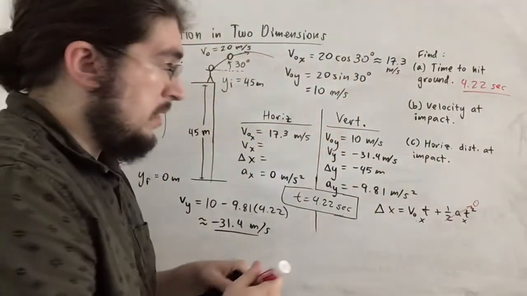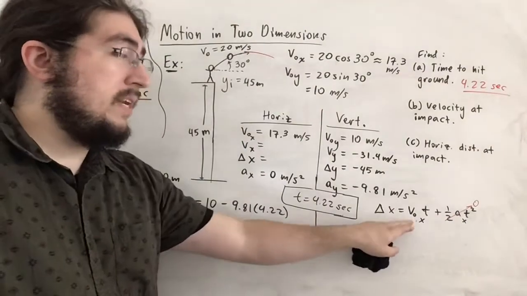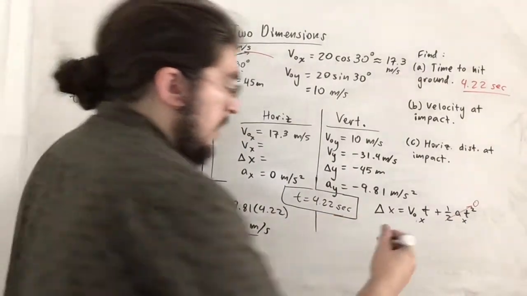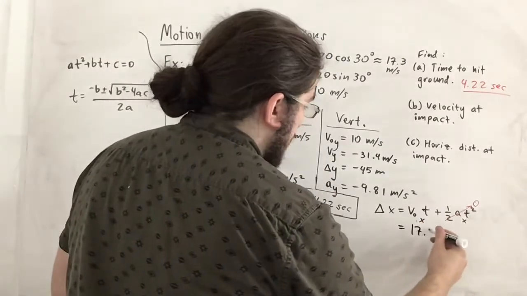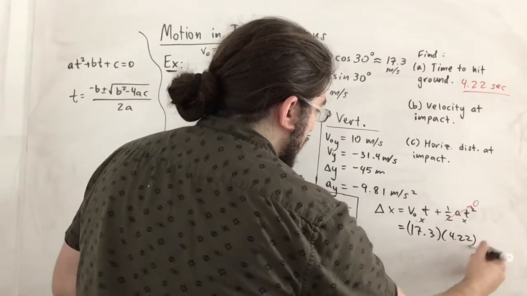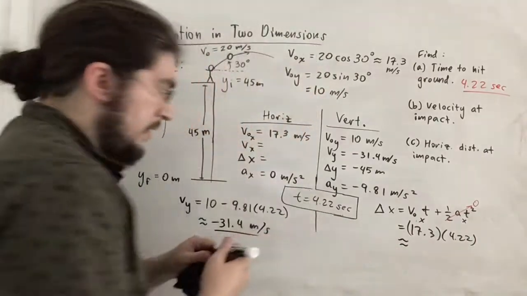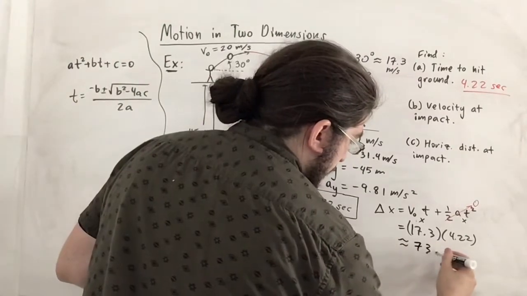And we're just left with delta x is v naught x times t. And we actually know what v naught x is. That's 17.3. And we also know what t is. T is 4.22. So now let's crank this out using our calculator. And I actually got about 73 meters.